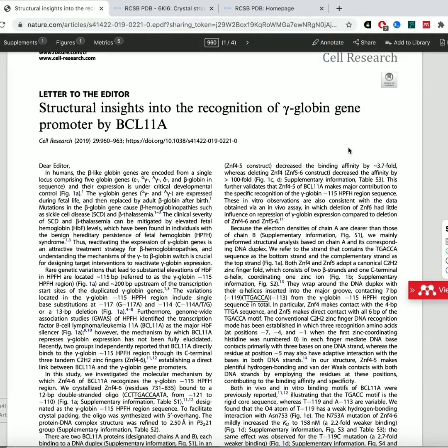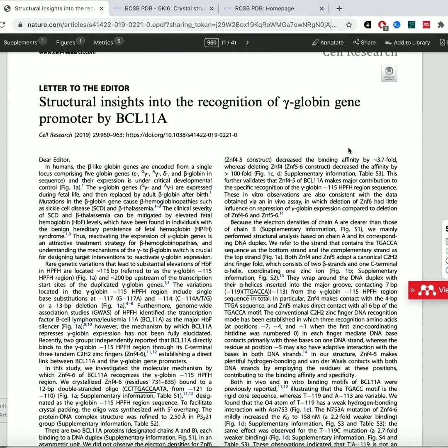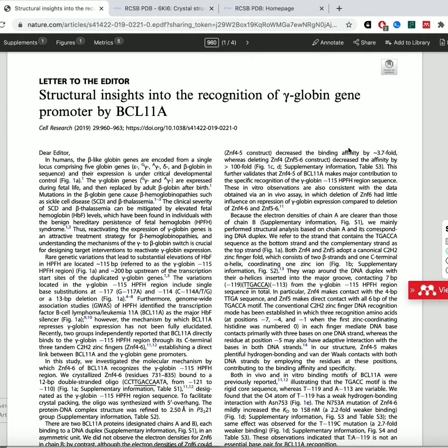This is just an example I had found before. It's looking at this protein called BCL11A, a transcription factor that helps regulate when the fetal hemoglobin gene gets made.